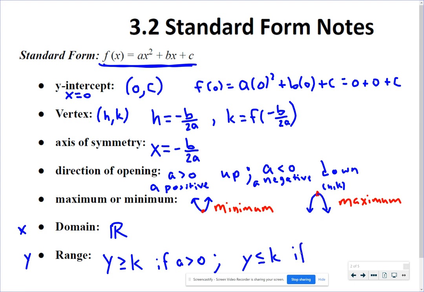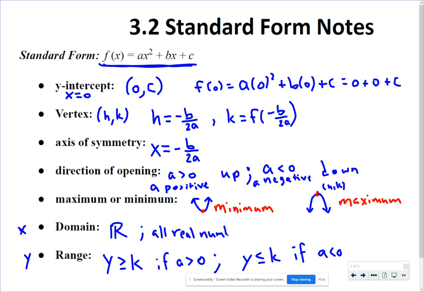We got to do some review on domain and range. So it's either going to be greater than or equal to k or less than or equal to k. And we're going to review a little bit with interval notation as well. Oh, I should mention that right here. Domain. Instead of writing just all real numbers with this fancy notation, we could actually write it in words. All real numbers.